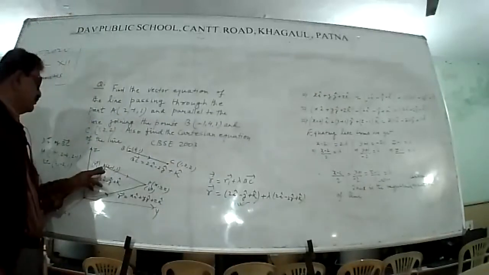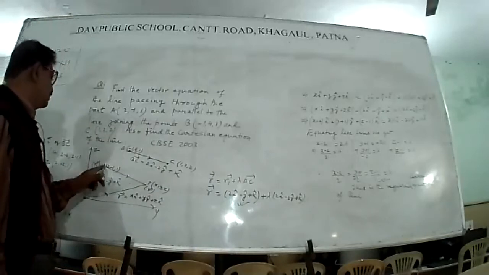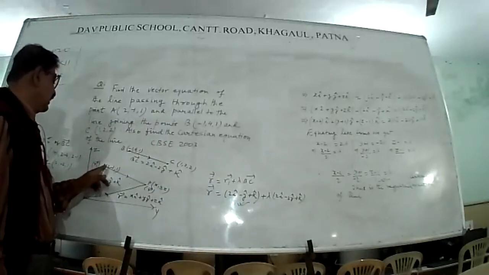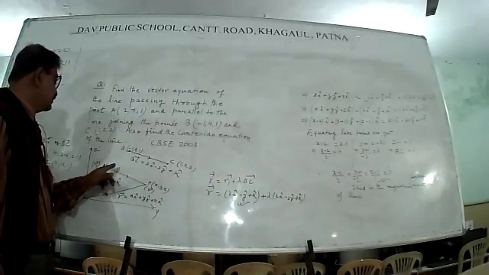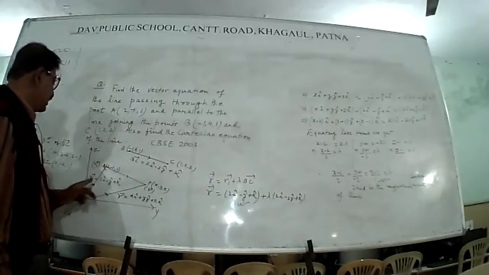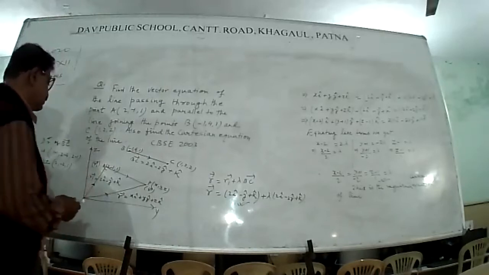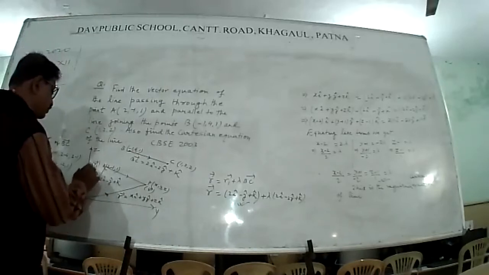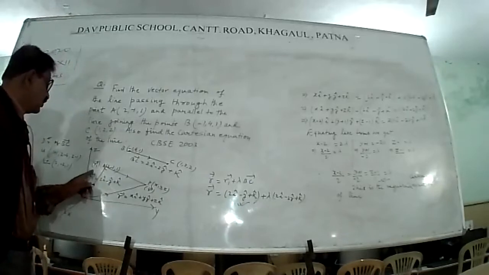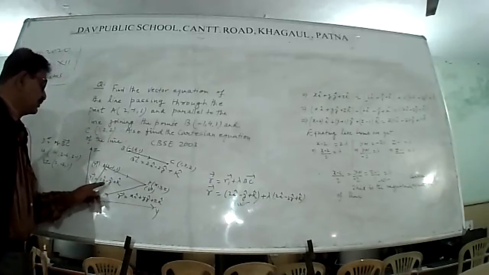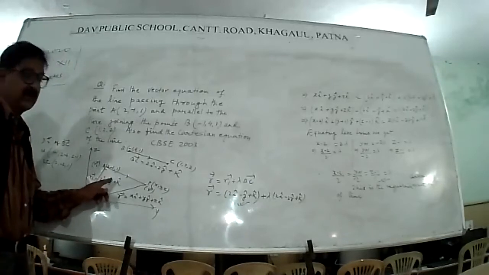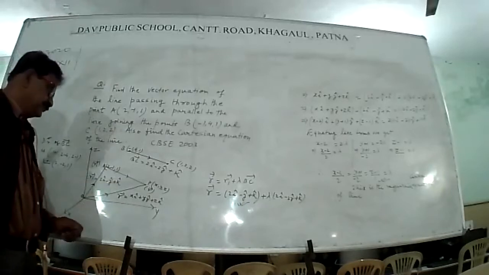Since point A is 2, minus 1, 1, therefore r1 is the position vector, meaning OA vector. The OA vector, r1 vector, is equal to 2i unit vector minus j unit vector plus k unit vector.